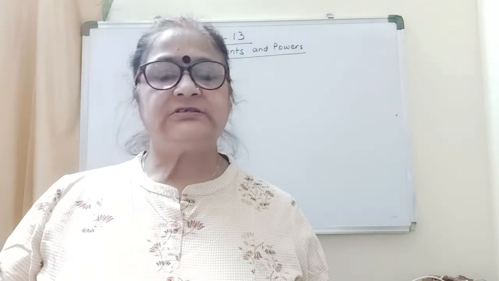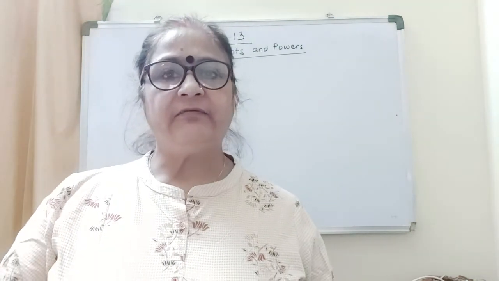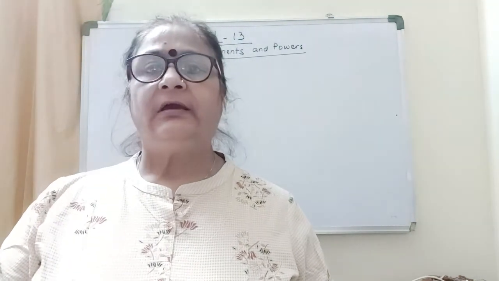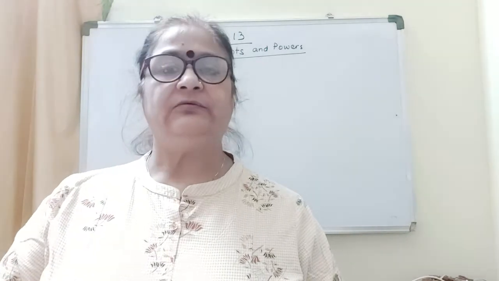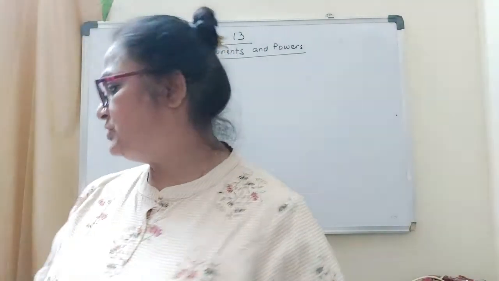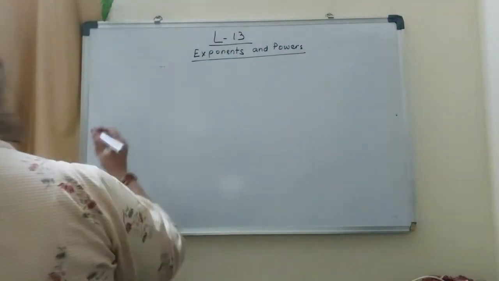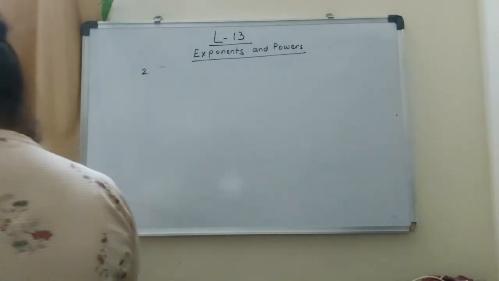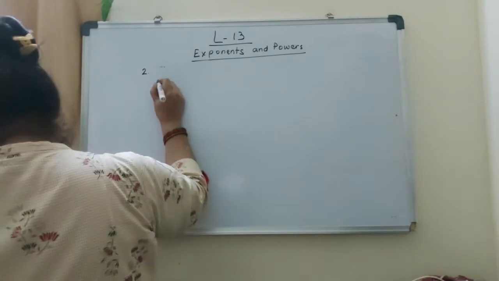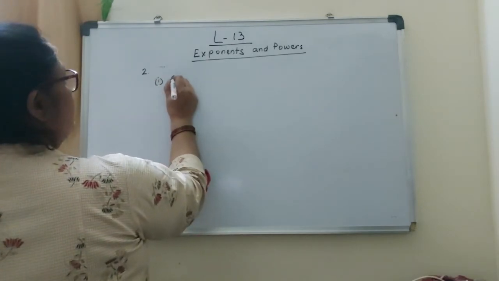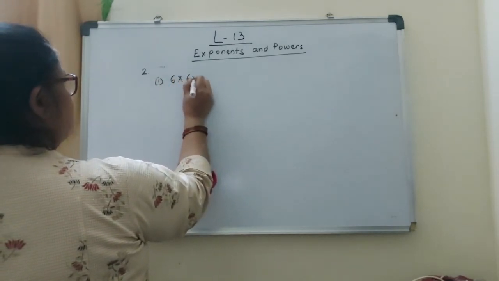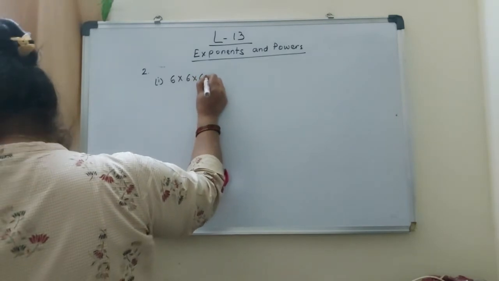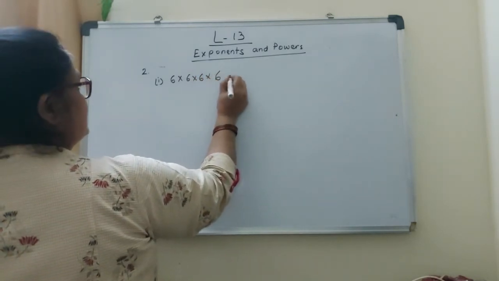Today we are going to first do the sums that I had given for prep yesterday, and then I shall continue. Okay. Sum number 2, express in exponential form. Exponential form means, for example, 6 multiplied by 6 multiplied by 6 multiplied by 6.